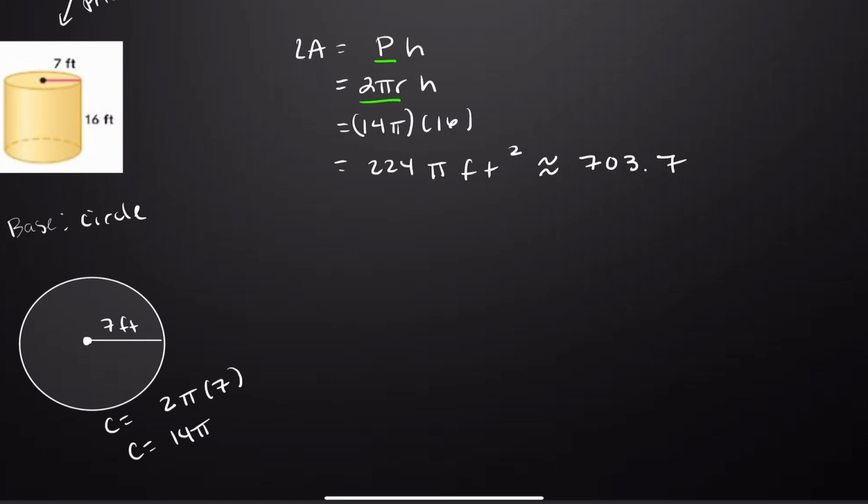Okay, so this is my exact answer, and this is my approximate answer. Now, to find the surface area, it's 2 pi RH plus the two bases combined, right? Surface area deals with the two bases included. So I have 2 pi RH is 224 pi.